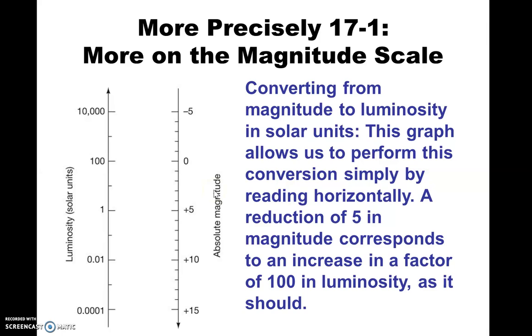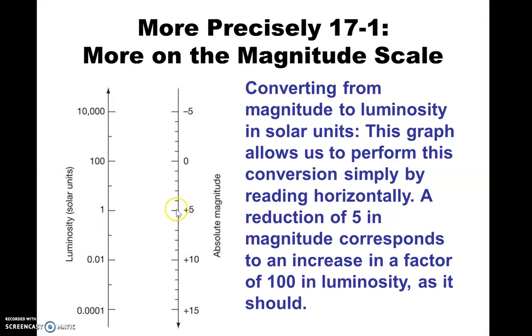What we've done is mathematically put the stars 10 parsecs away, and you say, all right, if they're all 10 parsecs away, how bright would they truly be? And so that's called the absolute magnitude scale.